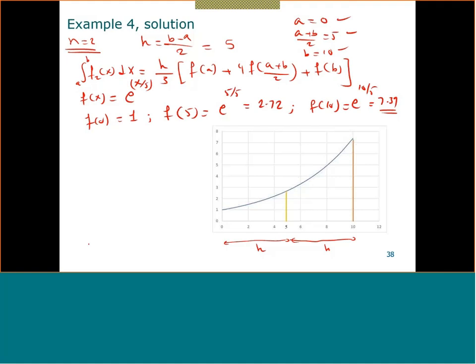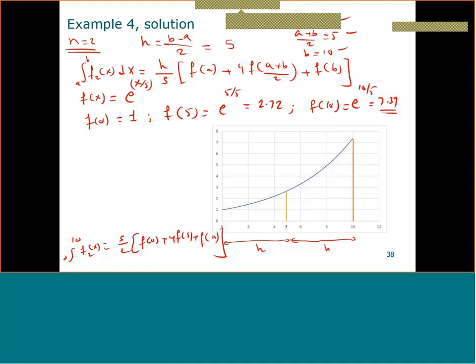So my integration from 0 to 10 of f of x is equal to h, which is 5, divided by 3, times f of 0 plus 4 f of 5 plus f of 10, and if we do that, this is equal to 32.12, which is very close.